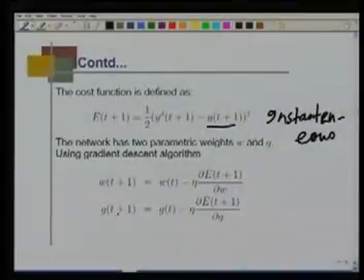That is why these are dynamic networks. Similarly, gt plus 1 is gt minus eta del E t plus 1 upon del g. The problem is how to compute the gradient of the error function with respect to the weight for a recurrent network. That is what we will see now.